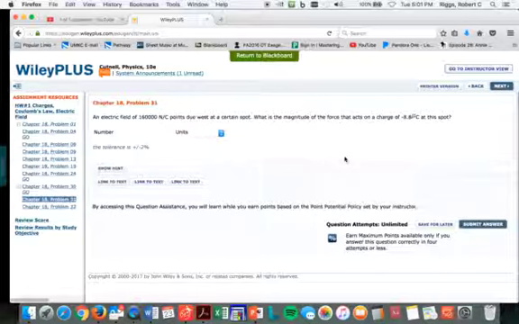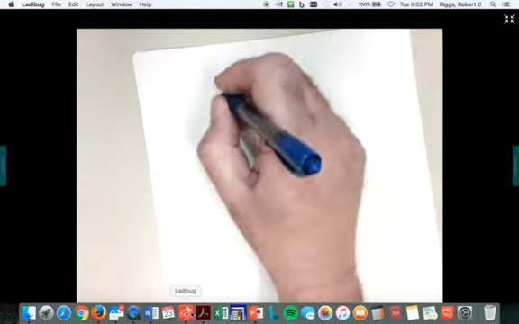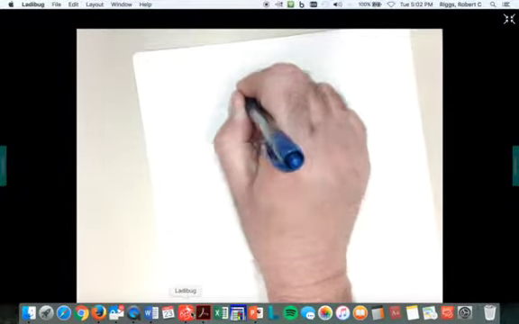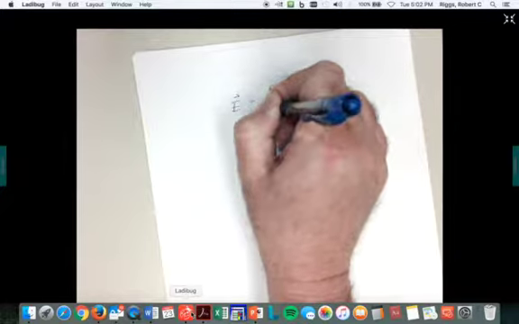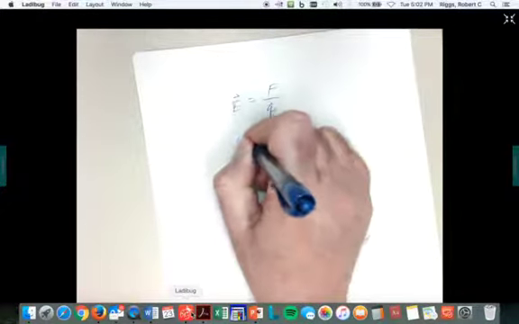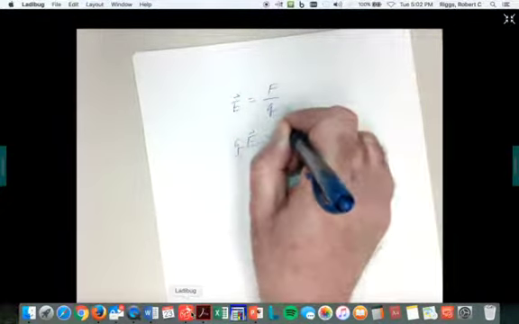This isn't bad, because here we have the electric field, and we have the charge. Remember this: if E is equal to F over Q, then QE is equal to the force.